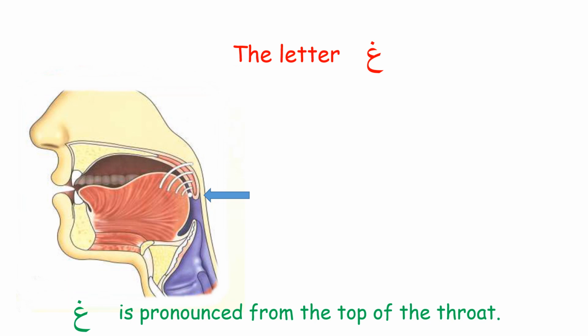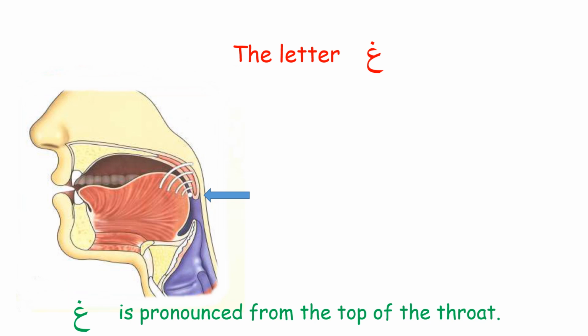Hence, as you can see, the position we are pointing at is slightly higher than the articulation point of the letter عين. Accordingly, we are no longer in the middle of the throat, but we have moved to its top. So, as a deduction, we will say that the letter غين comes from the top of the throat.